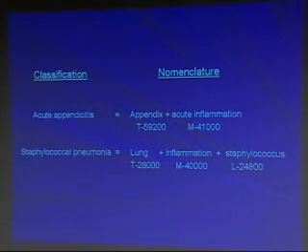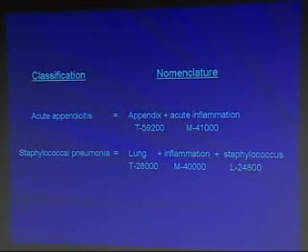Okay, now the difference between the classification and a nomenclature: if you take acute appendicitis and you break that down into its components, like you would for the lead oxide, you say there's an appendix, and acute appendicitis means acute inflammation of the appendix. So you have acute inflammation. You have 2 elements that make up a diagnosis.